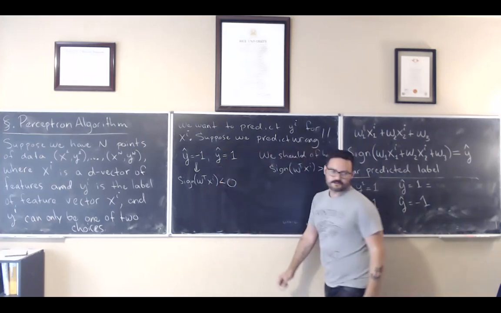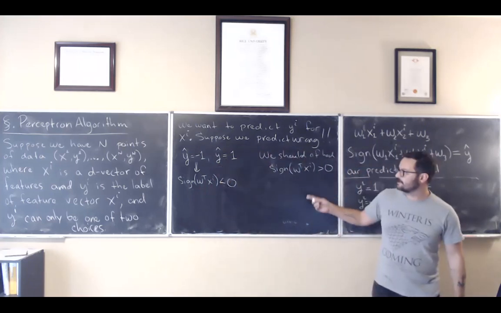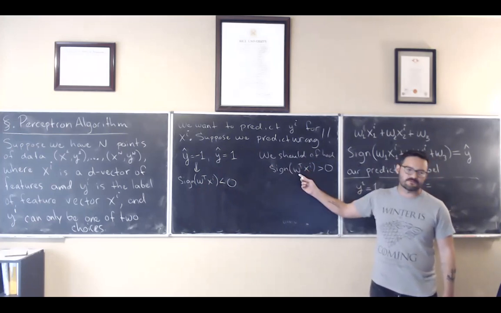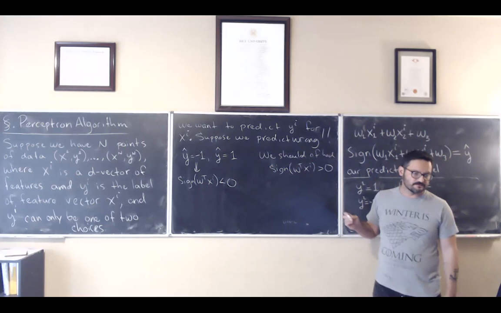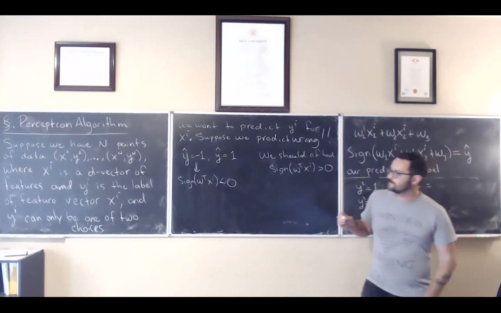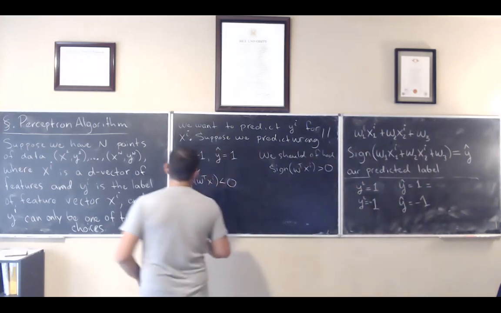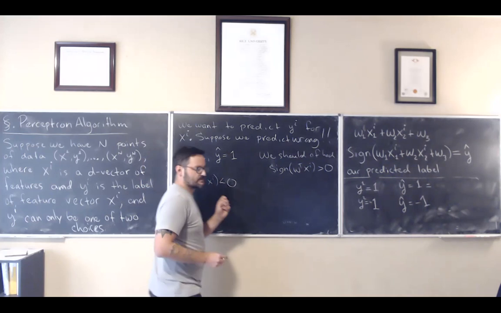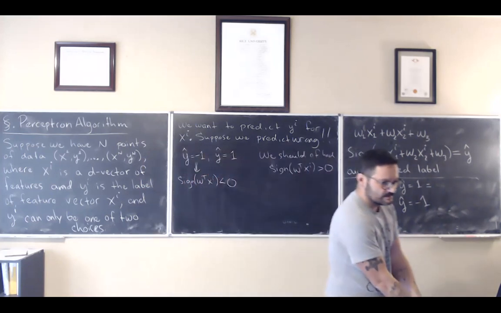That's what we should have wanted. That's what we needed, right? We needed it for that feature vector that we fed in there, we needed it to be greater than 0. What does it mean that the inner product between two vectors is less than 0?